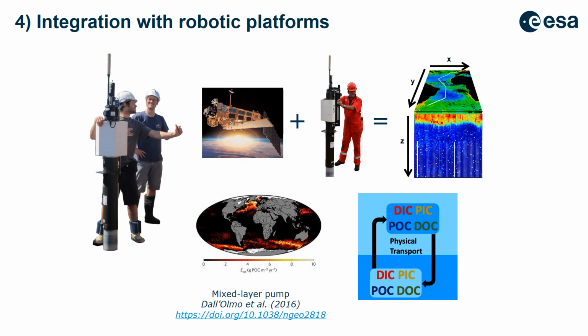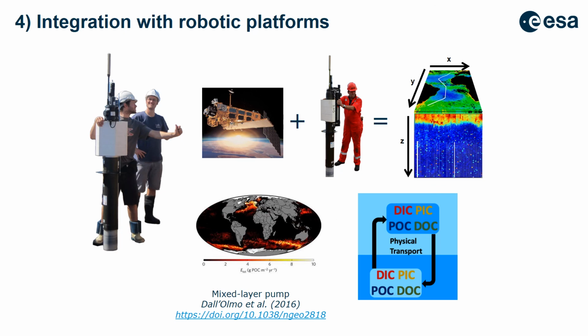Now, these floats are very clever things. You put them into the ocean, they sink to around 1,000 meters, and then once a week they drop down to 2,000 meters, do a vertical profile of the ocean, collecting chlorophyll data, temperature, salinity and other variables, and then send that data via satellite.